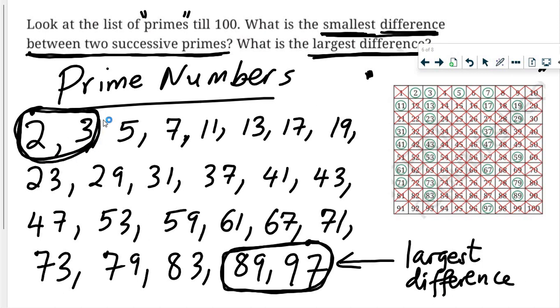These two here will give the smallest difference. 2 and 3 gives you the smallest difference. 89 and 97 give you the largest difference.